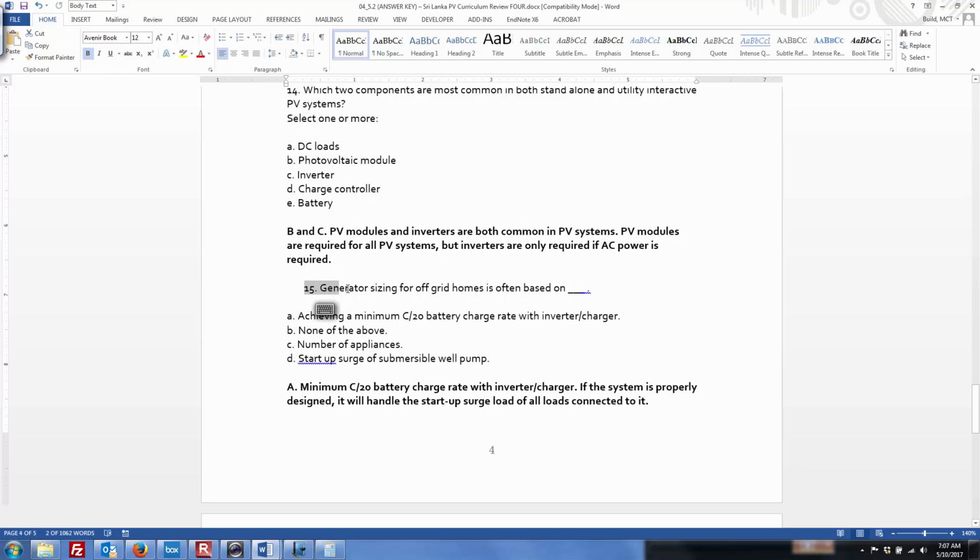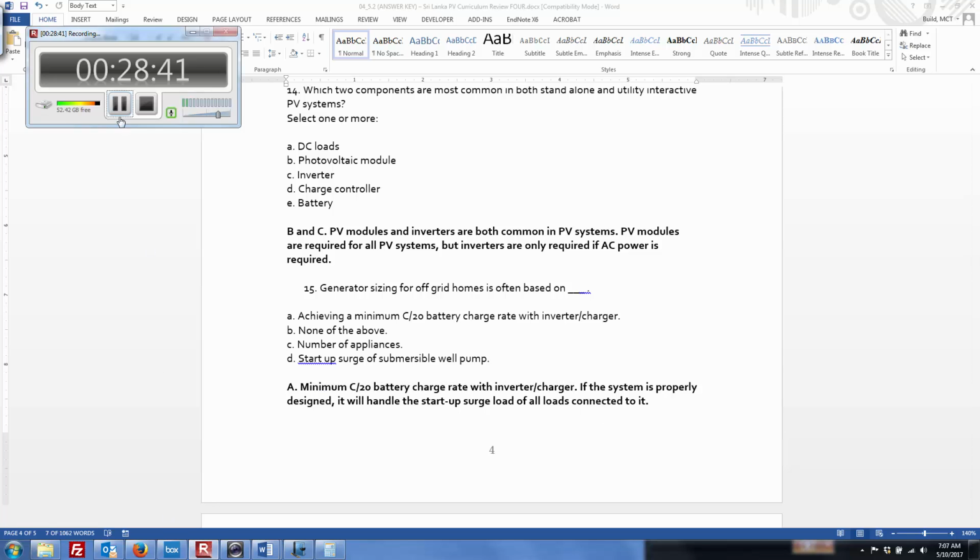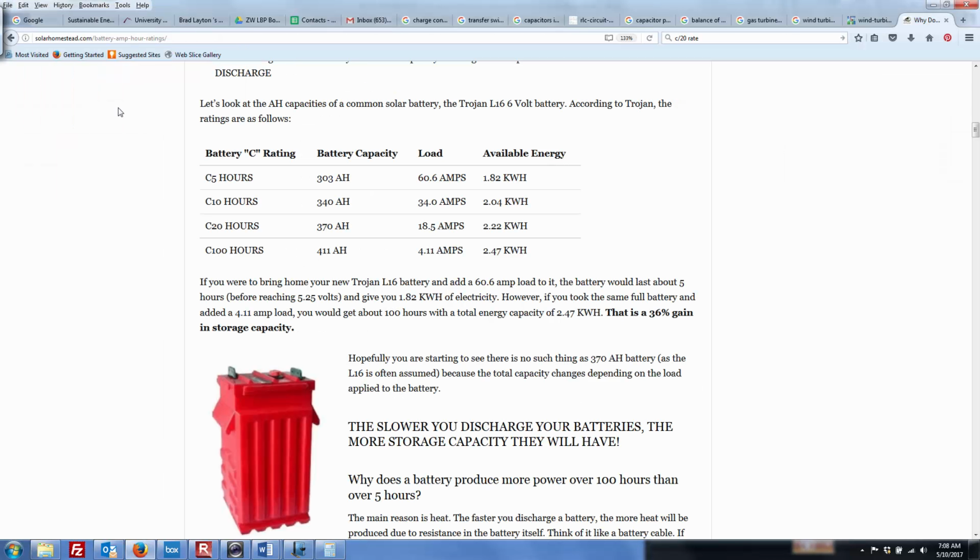All right, 15. Generator sizing for off-grid homes is based on, and what we're looking at is the minimum charge rate with the inverter charger. Let me take a quick peek at that and get right back to you. Okay, so I've gone out and found a neat little chart here. A C5, this is basically charge 5, means that you can run for 5 hours.